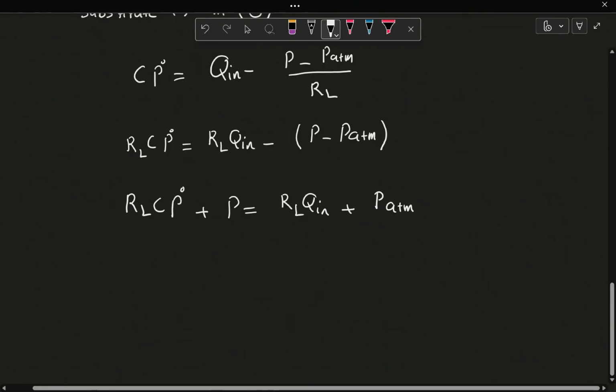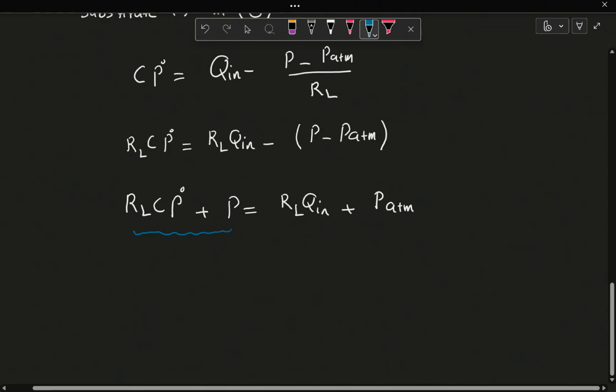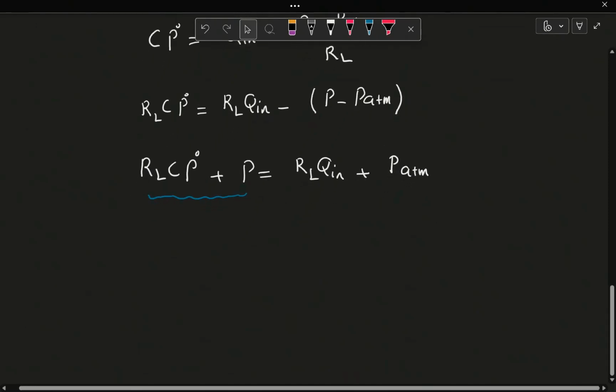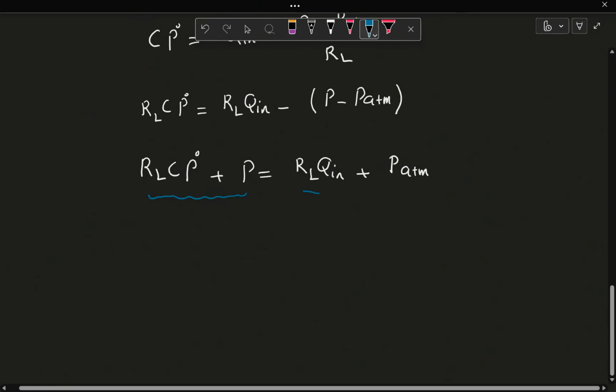Okay. Now, look at this. On the left-hand side, I have one family, and that's the family of P. Within that family, I have two members, P and P dot. And the sign for both of them is positive, so I do not have any sign mismatches. On the right-hand side, I have all the inputs.